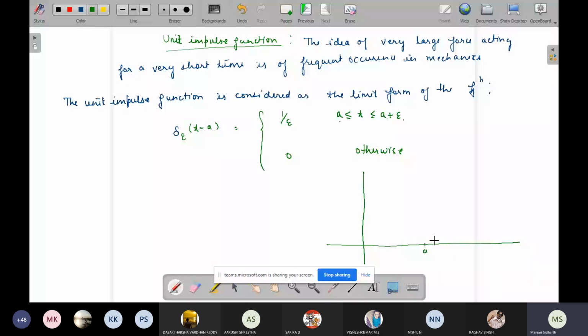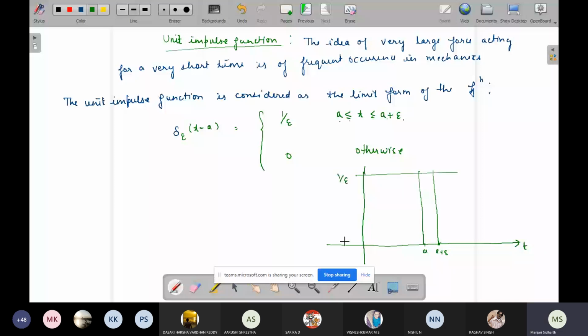It's a very short difference between a and a plus epsilon. You can consider epsilon as 0.000 something like that, but we need to make a difference, so that's why. Its value when t lies between a and a plus epsilon, because the boundary is included, is 1 by epsilon. Let us say 1 by epsilon is somewhere here.